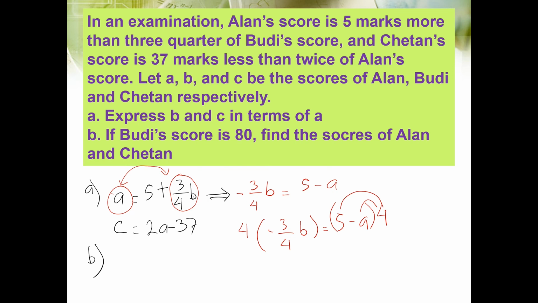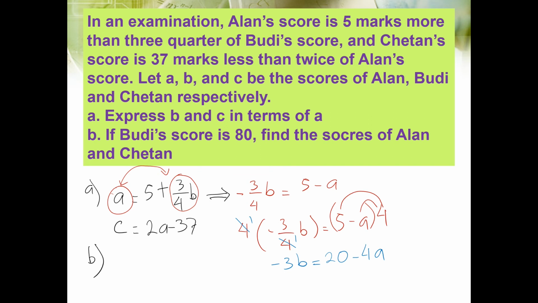So let's see one by one. 4 multiply by minus 3/4. You can do cancellation. 4 with 4, divided by 4 both of them, so equals to 1. Minus 1 times minus 3 makes minus 3B, and this one, 5 times 4 equals 20, minus A times 4 equals minus 4A.